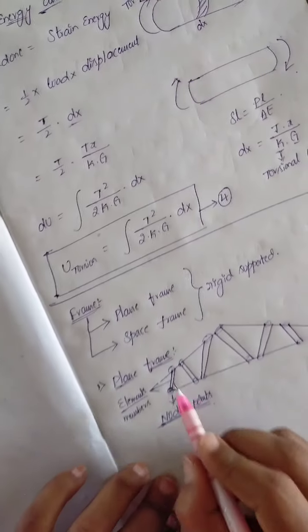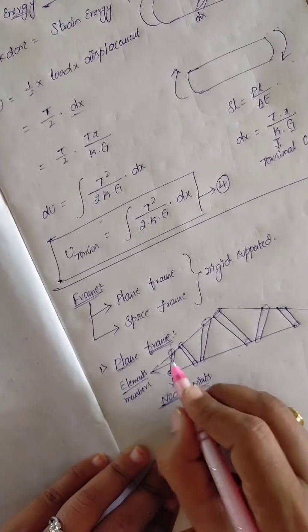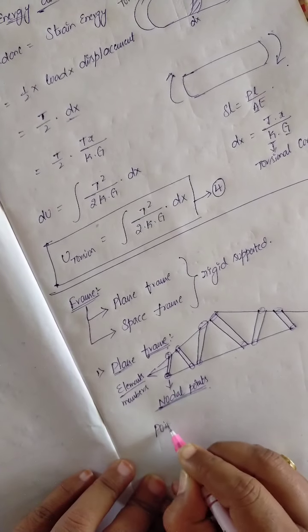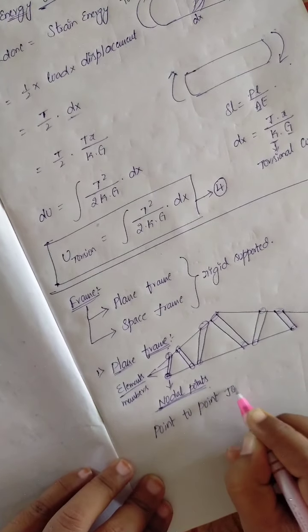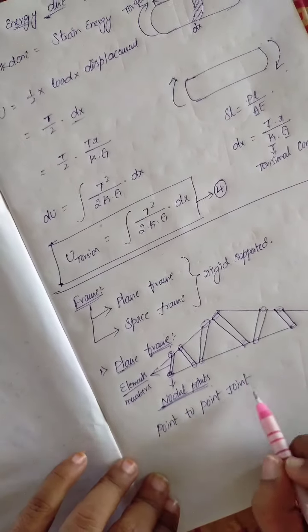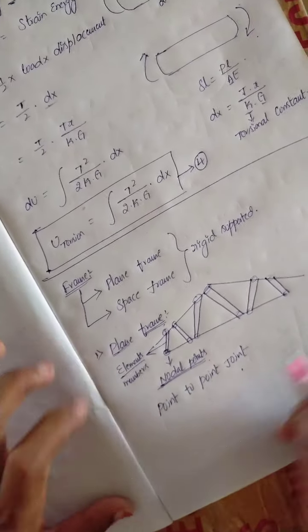These are like separate joints, a point to point joint. This type of frame we consider a plane frame.